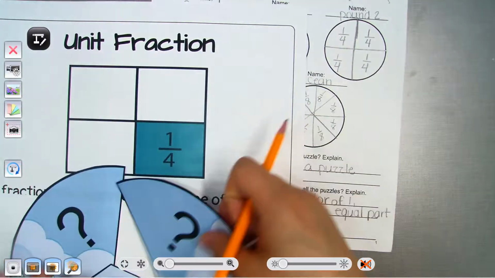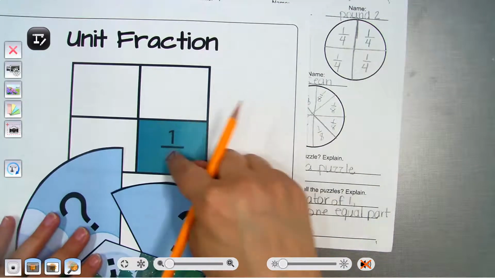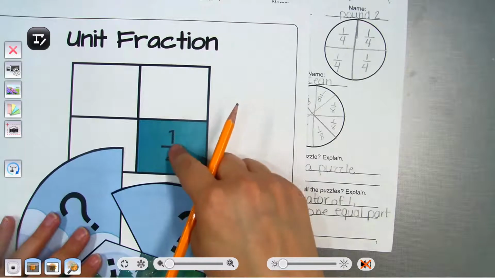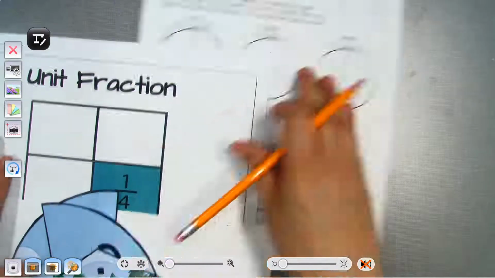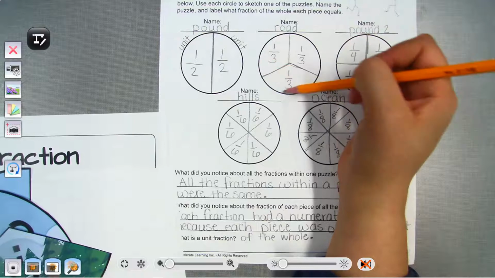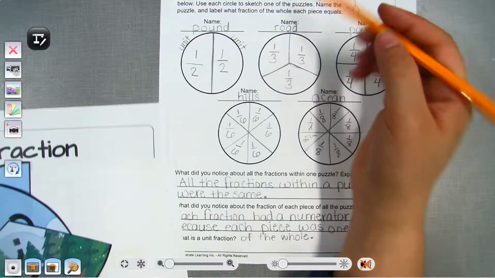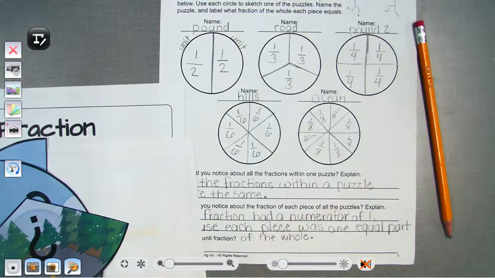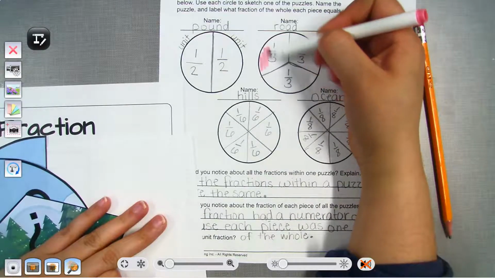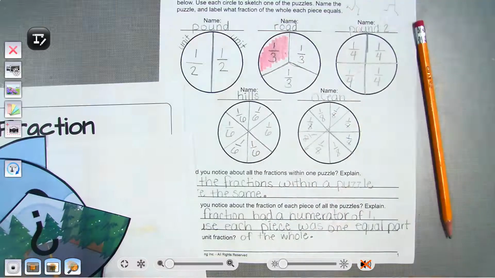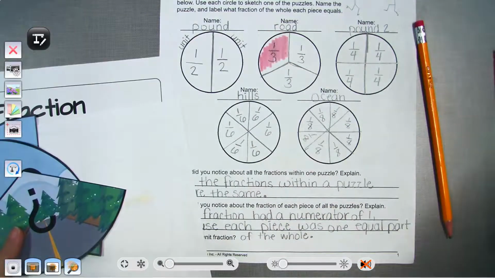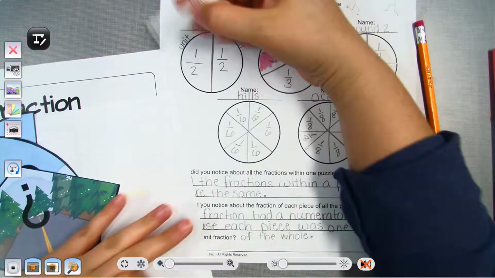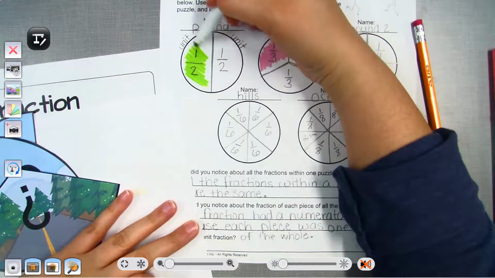Look at this picture. It's only labeling this one piece, 1/4. So, for instance, on my 1/3, my unit fraction for the road would be 1/3. My unit fraction for the pond would be 1/2.